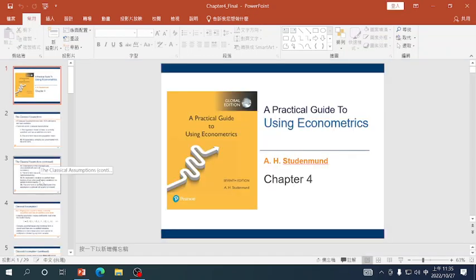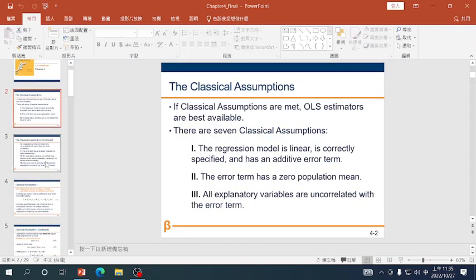I would like to review all these 7 assumptions. Remember we explained this one last week. The regression model is linear, correctly specified, and has an additive error term. What do we mean by linear? It means linear in the parameters, or linear in the coefficients, instead of linear in the variable.